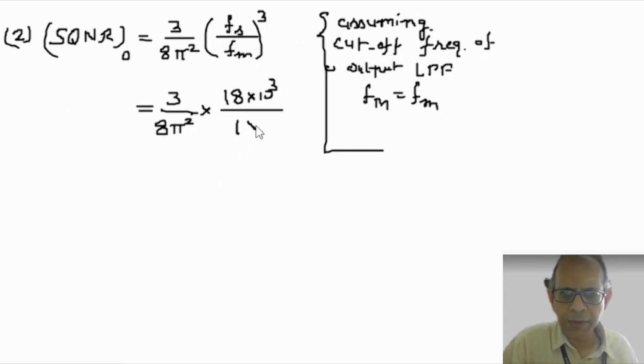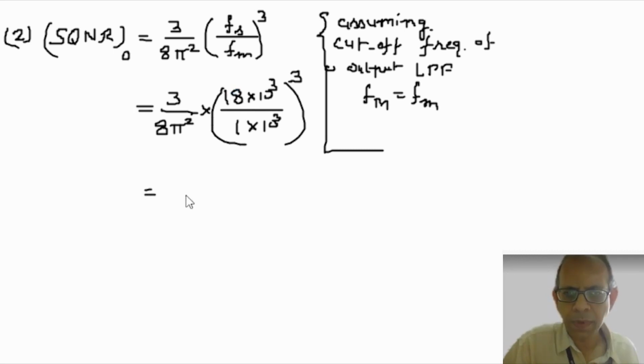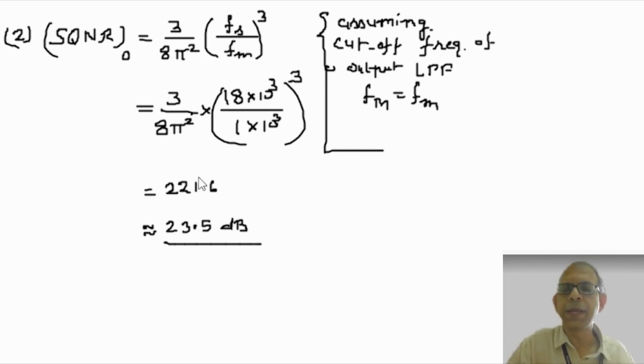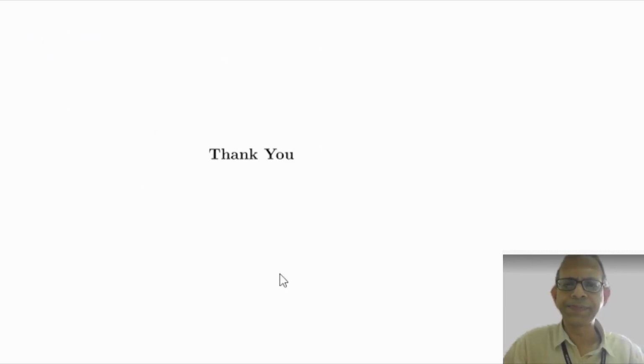So 1 into 10 to the power 3 is whole cube, and it results in 221.6, which is approximately 23.5 dBs. To convert a power ratio or SNR in dB, take log of that quantity to the base 10 and multiply that result with 10, you get the dB value. So that's all. I hope these problems are clear to you. Thank you.